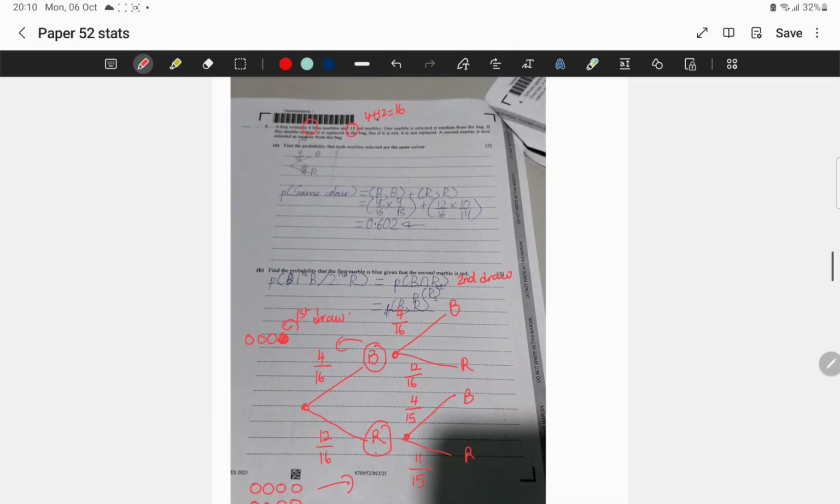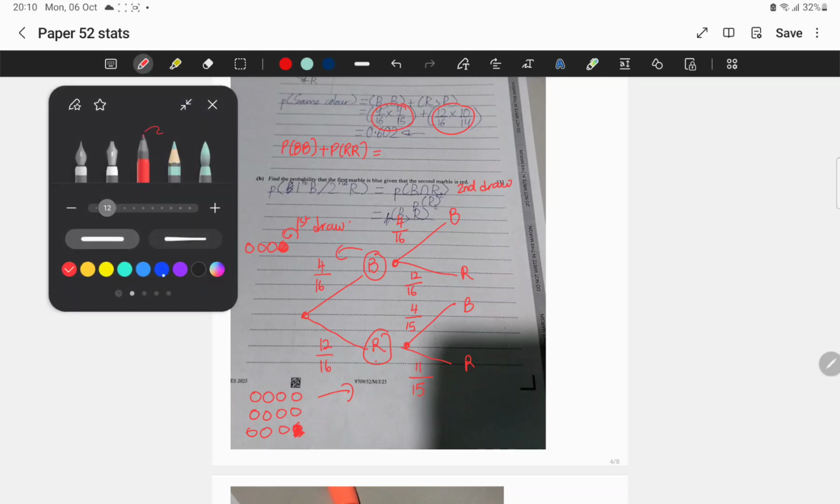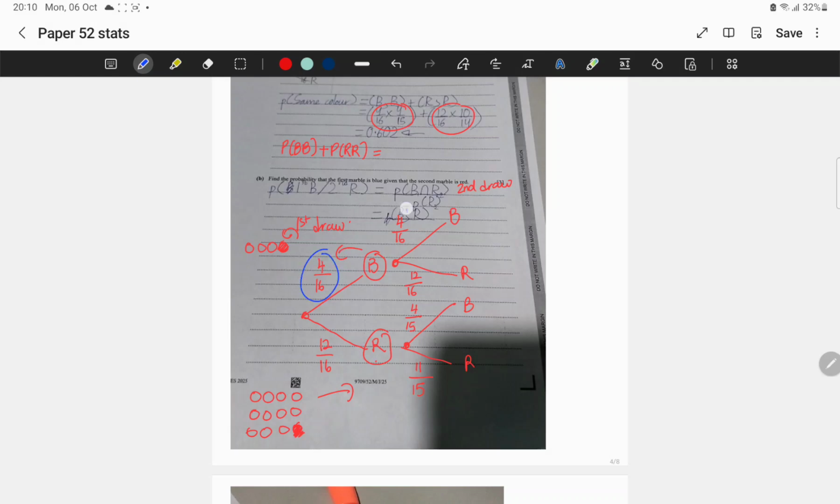It's asking you what is the probability of obtaining the same color. So it would be probability of obtaining blue, blue, plus probability of obtaining red, red, which is correct here, but your values are not correct. For blue, I take blue here and then blue here.